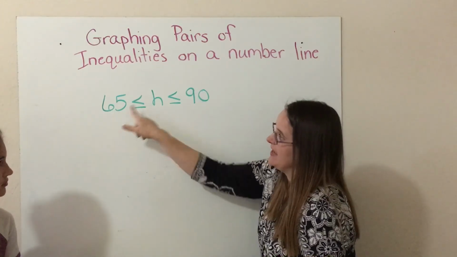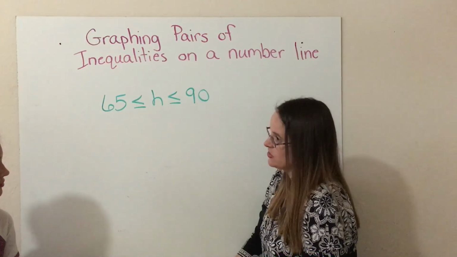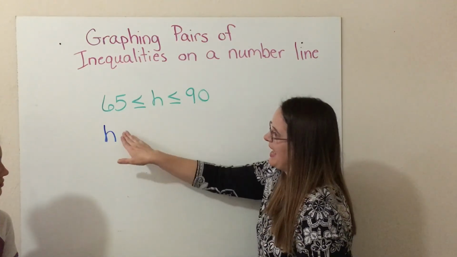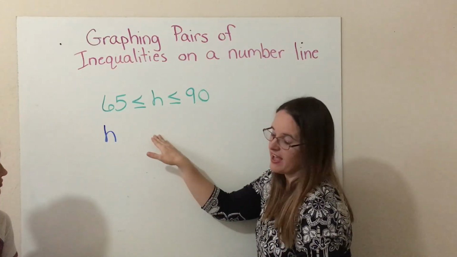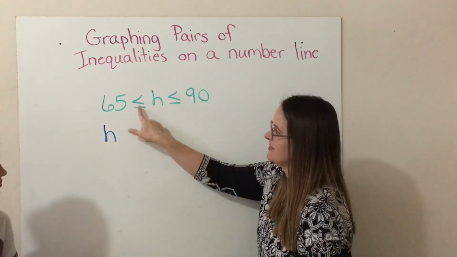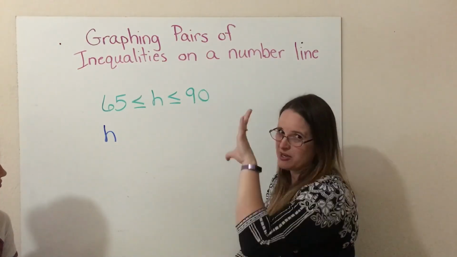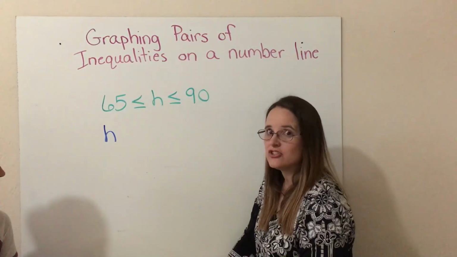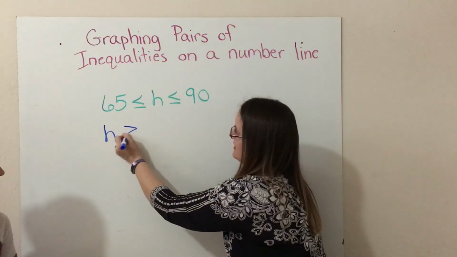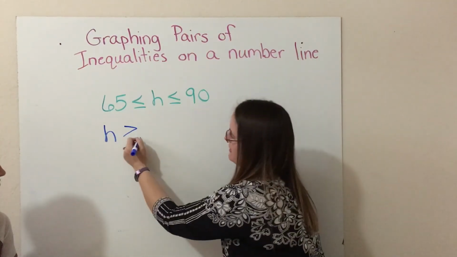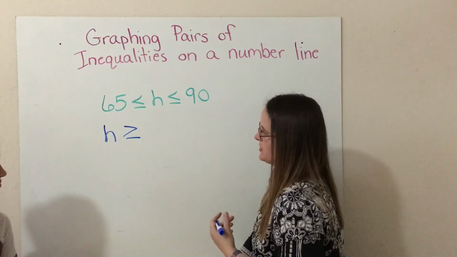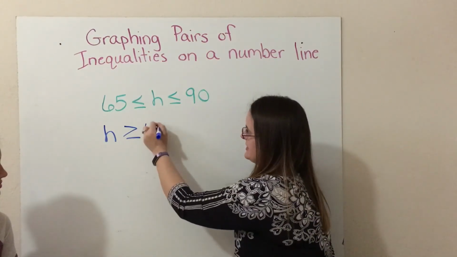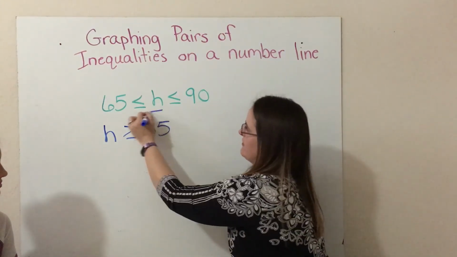Since 65 is less than or equal to h, if I were to put h on this side, would I say h is less than or equal to 65, or would I flip the inequality? If we're going to talk about alligator mouths, notice that the alligator here is trying to eat the h, so we need to keep it facing the h when we flip the expression. So h is greater than or equal to 65. We took care of this part.